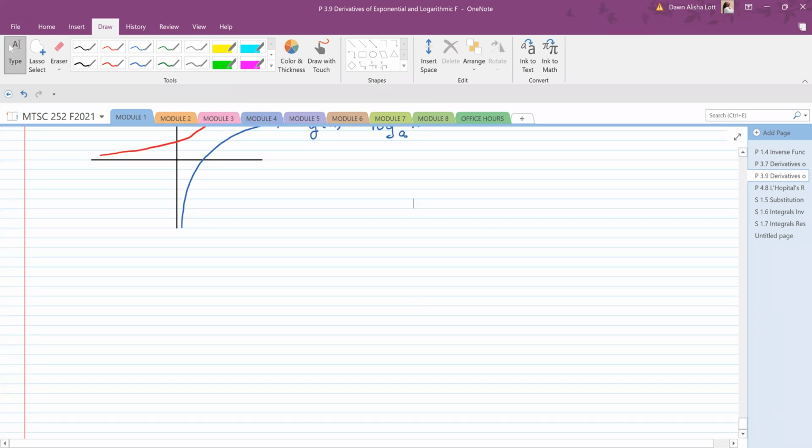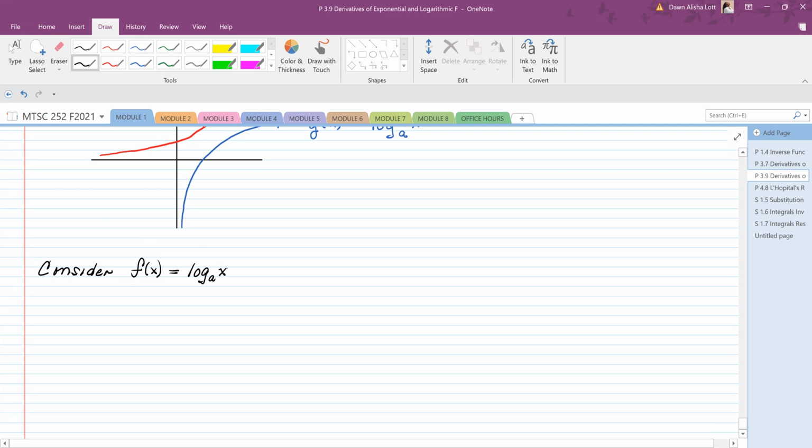Let's talk about log base a first. So let's consider the log base a of x.